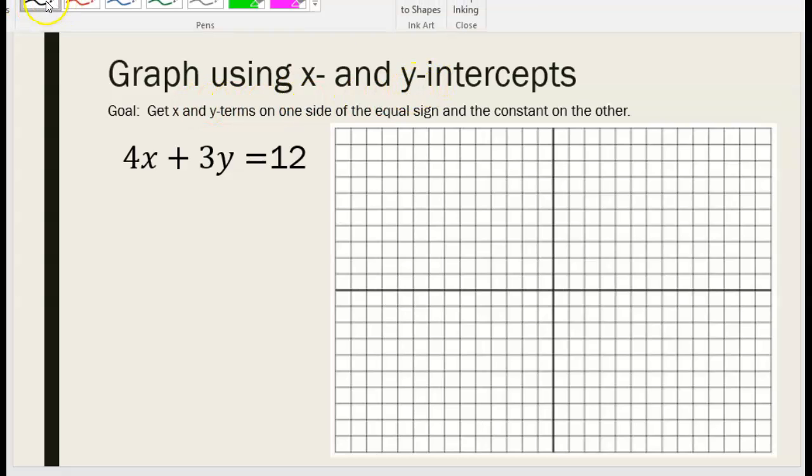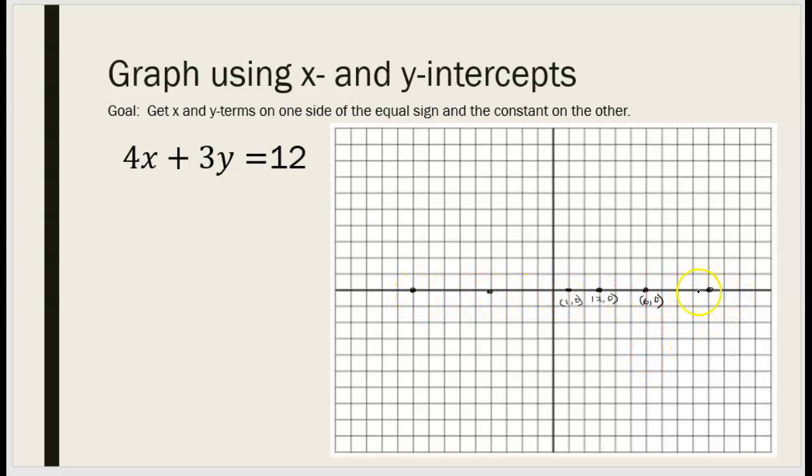Just to do a little review here, an x-intercept is anything that cuts the x-axis. If you look at any one of these points that I'm putting on the graph right now, all of those have something in common, and what they have in common is that their y value is 0. So for instance, this is 1, 0, this one is 3, 0, this one looks like 6, 0, and so on and so forth.